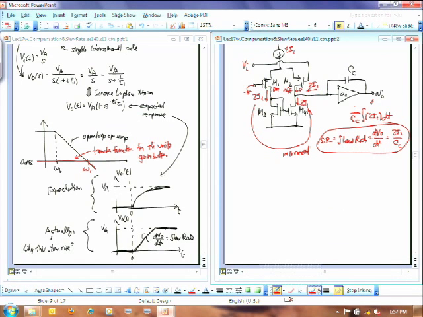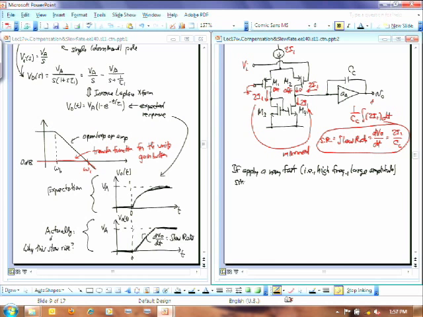So if I apply a sinusoid that's very fast, then this is what you're going to end up seeing. So this is time. This is your output voltage. This is your expected output voltage, which is going to be a sinusoid. But this now is actually what you see.